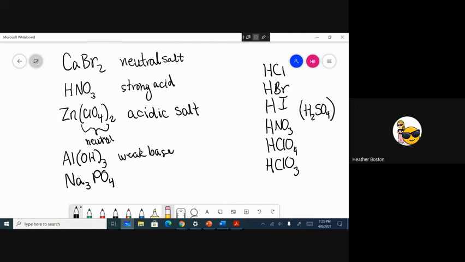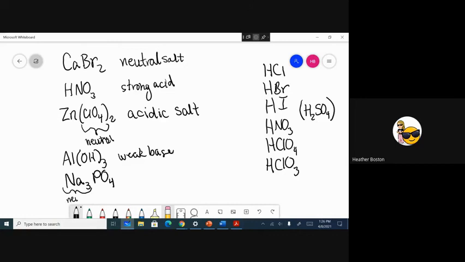Review one more time. If it starts with H plus, we're going to call it an acid. If it ends with OH minus, we're going to call it a base. If it is an ionic compound, we're going to call it a salt. So this guy here is an alkali metal salt, or the conjugate acid of a strong base.